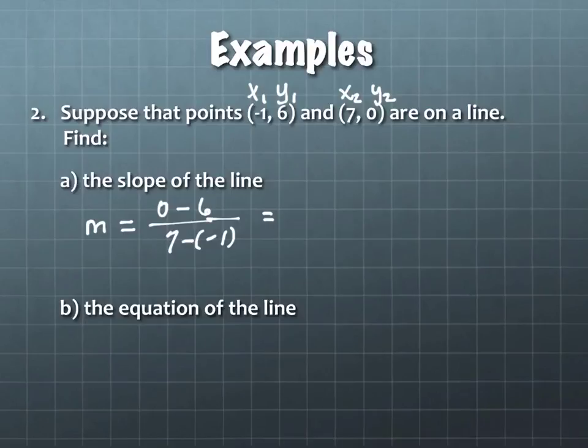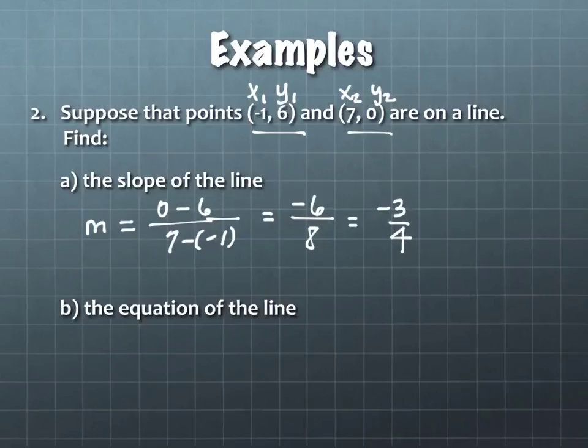So 0 minus 6 on top gives me negative 6. 7 plus 1 on bottom gives me 8. And what will this reduce to? Negative 3/4. So that's my slope in reduced simplified form. And then it says the equation of the line. So when we're working with an equation of a line and we're given 2 points, we only need to pick one of them.